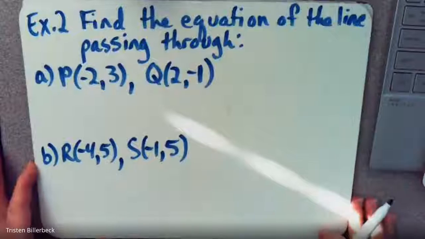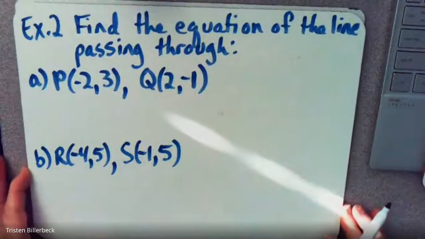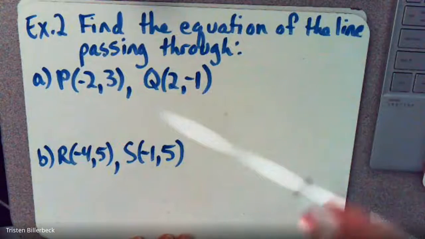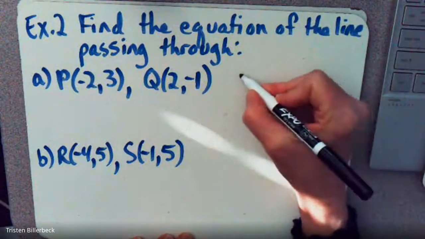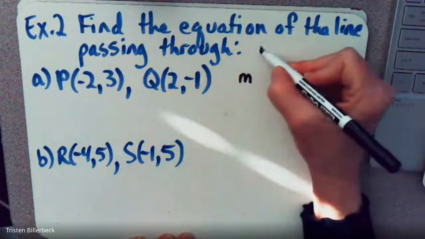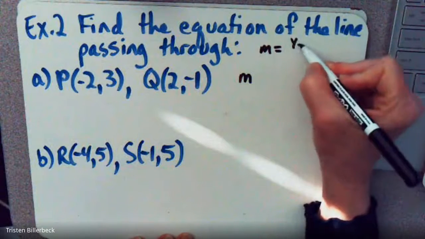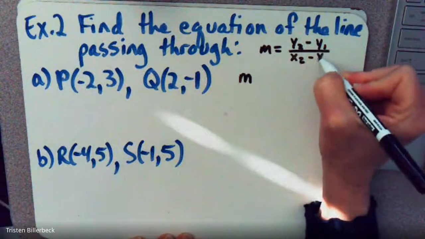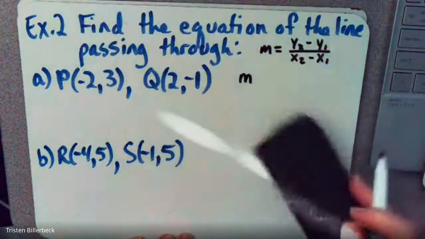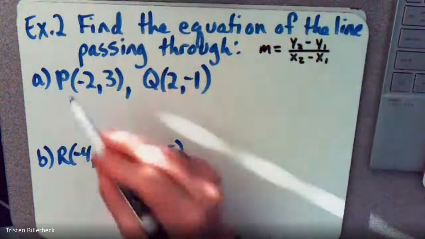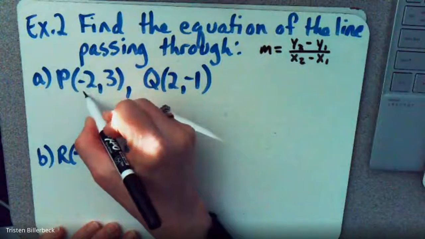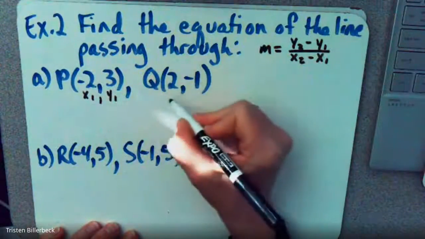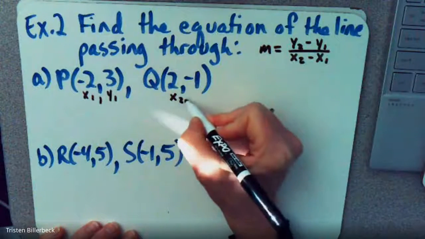Now we want to find the equation of a line passing through 2 points. So we have this point and this point. First we want to find out, well, what is the slope? So we use the equation m equals y2 minus y1 over x2 minus x1. It doesn't matter which one's x1 or y1, but I'm just going to label this one x1, y1 because it's there, and x2, y2.